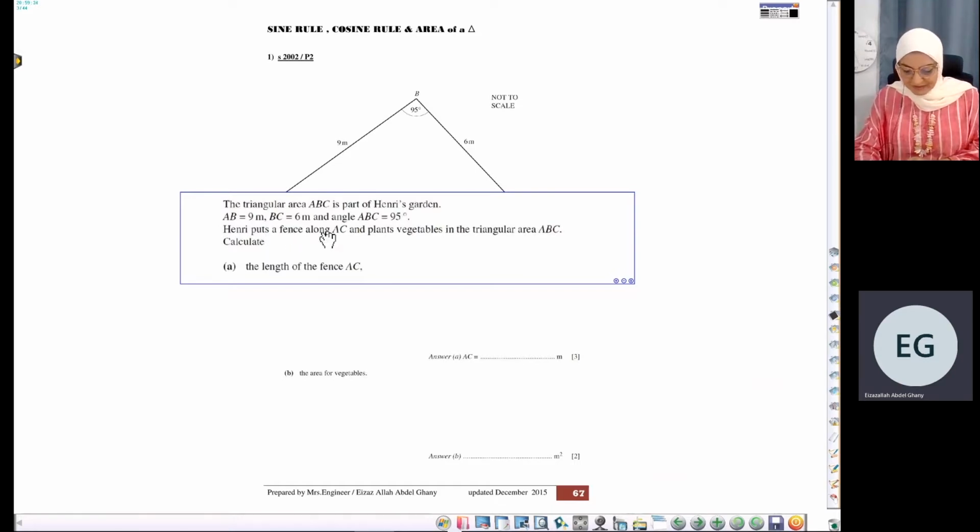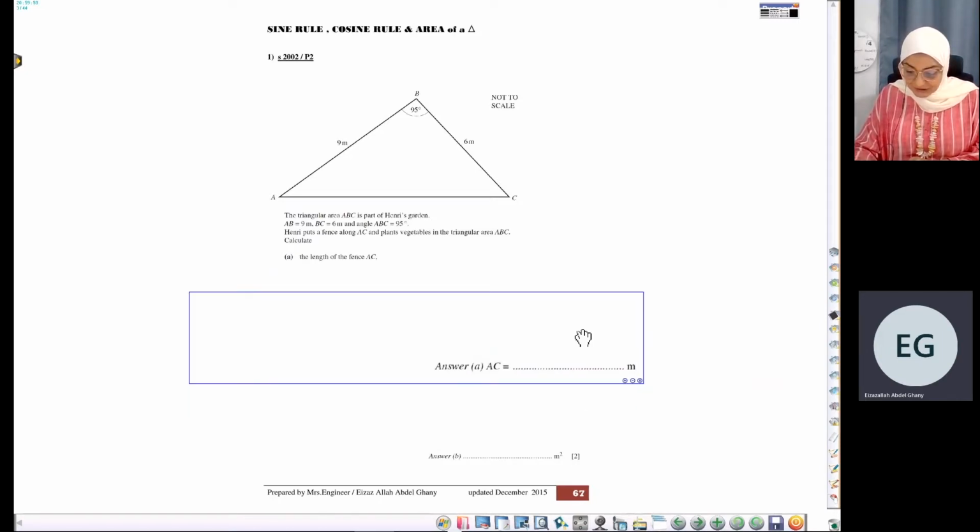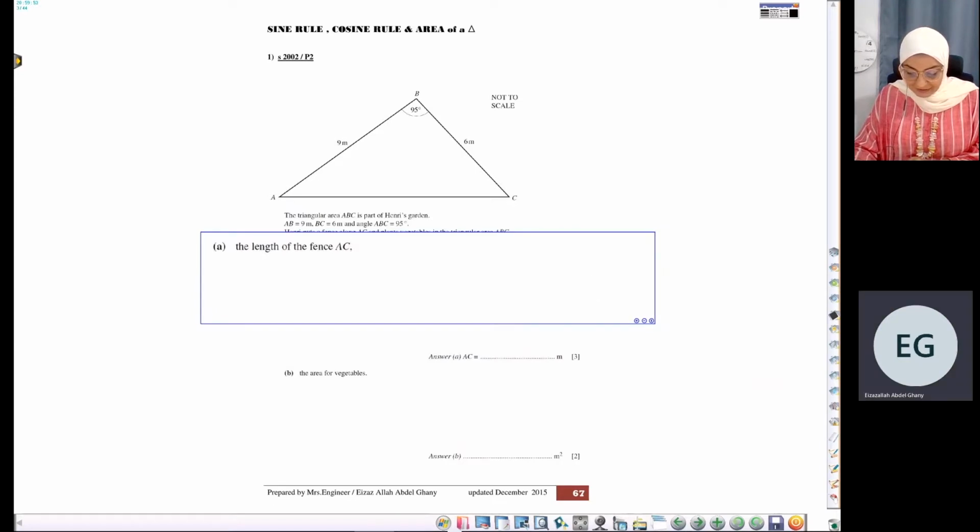Henry puts a fence along AC and plants vegetables in the triangular area ABC. Calculate the length of the fence AC, and then calculate the area for vegetables. So now the first question, calculate the length of the fence AC.